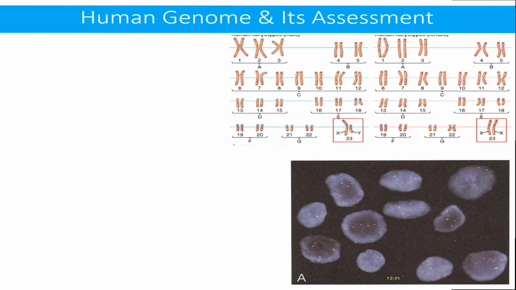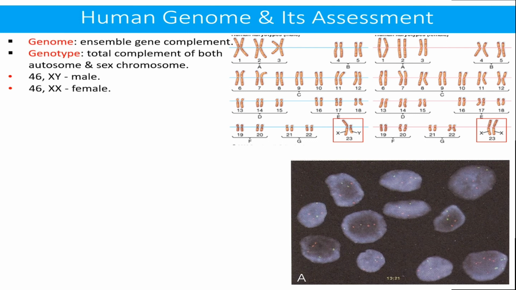Human genome and its assessment. Genome is the complete set of genes in a species, and genotype is the total complement of both the autosomes and sex chromosomes. 46XY is termed male, whereas 46XX is female.